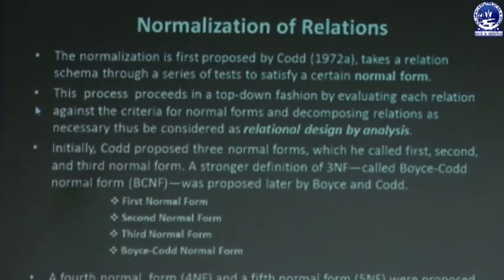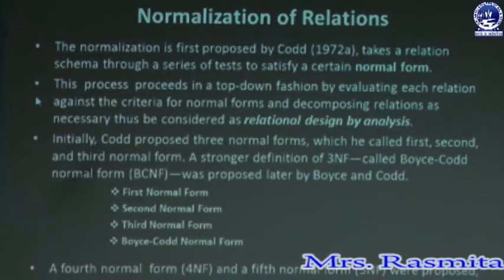Normalization was first proposed by the scientist Codd in 1972, taking a relation schema through a series of tests to satisfy a certain normal form. It is a top-down process by which each relation is evaluated against the criteria of normal forms and decomposed as necessary, thus it is considered as relational design by analysis.